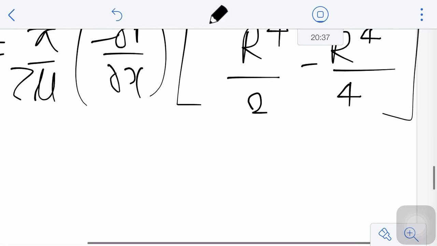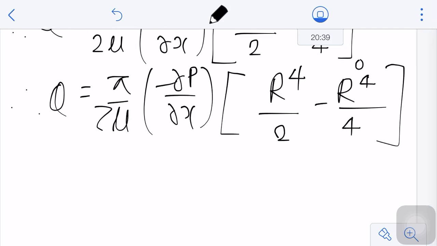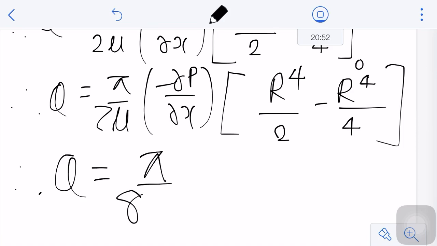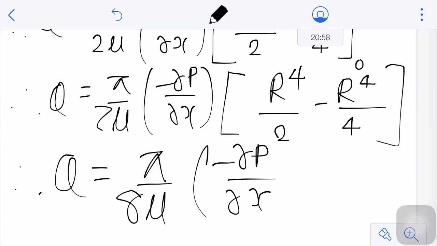So the final form of this equation is q is equal to pi upon, this 4 will come as a common denominator, which will multiply with the 2. So it becomes pi upon 8 mu into minus ∂p upon ∂x into R raised to 4.